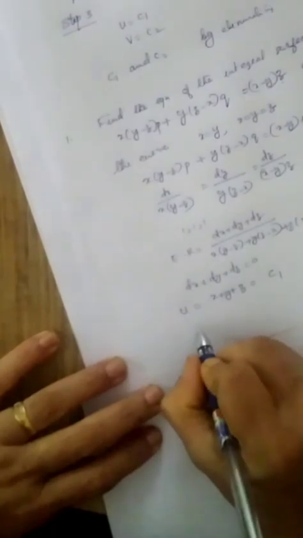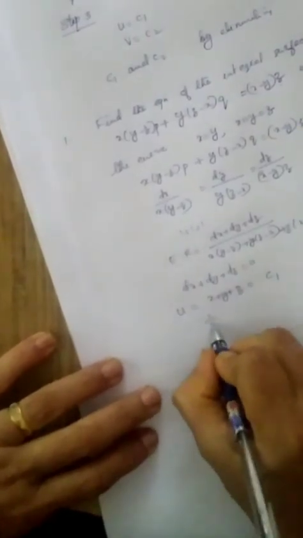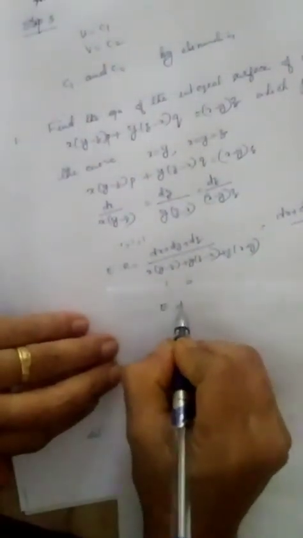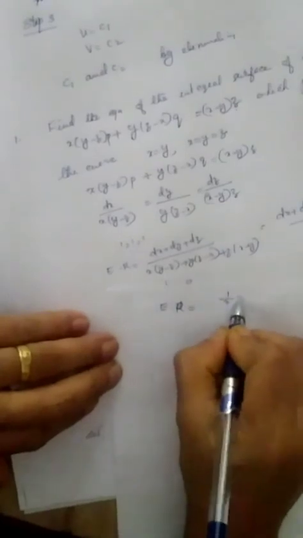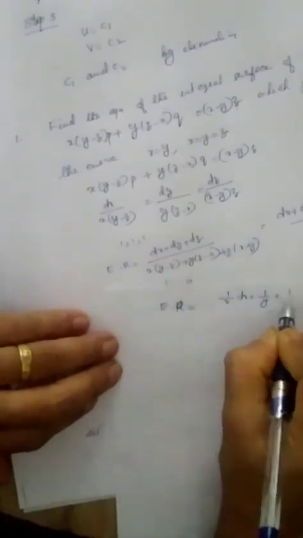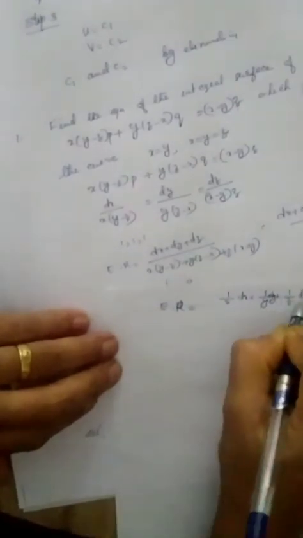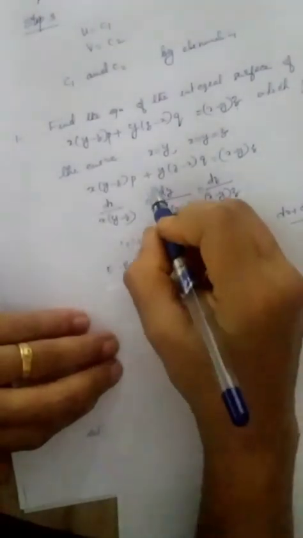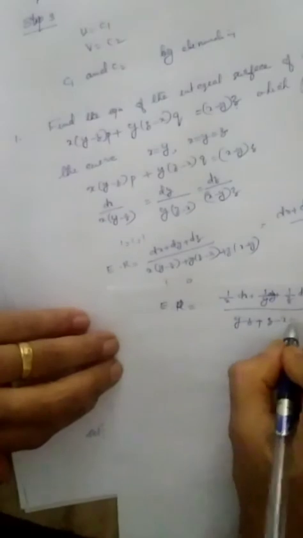Now taking the next set of Lagrange's multipliers as 1 by x, 1 by y, 1 by z, we can write each ratio is equal to (1 by x) dx plus (1 by y) dy plus (1 by z) dz divided by (1 by x) into x(y minus z) plus (1 by y) into y(z minus x) plus (1 by z) into z(x minus y).